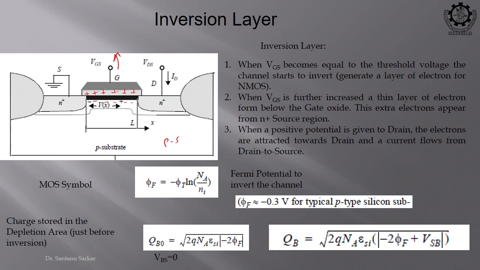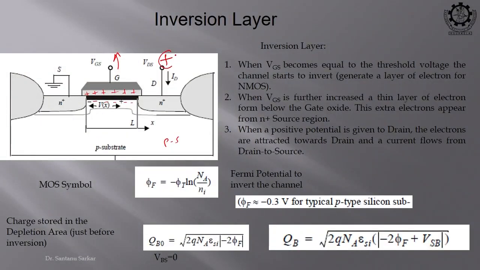Previously my channel material was P type, but because of this positive voltage, negative charge comes from the source and drain regions and pools of electrons form. Now, if you apply a positive voltage at the drain, what will happen? Electrons will be attracted. So, you will have a connection. Any question?